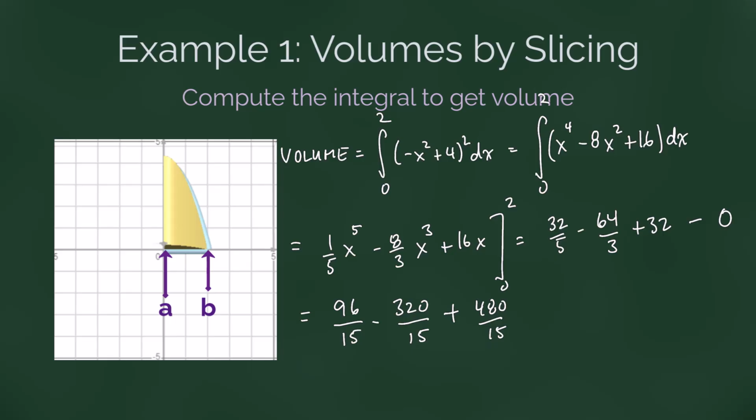Adding those up, we get 256 over 15, which simplifies down to 17 1/15 cubed units.